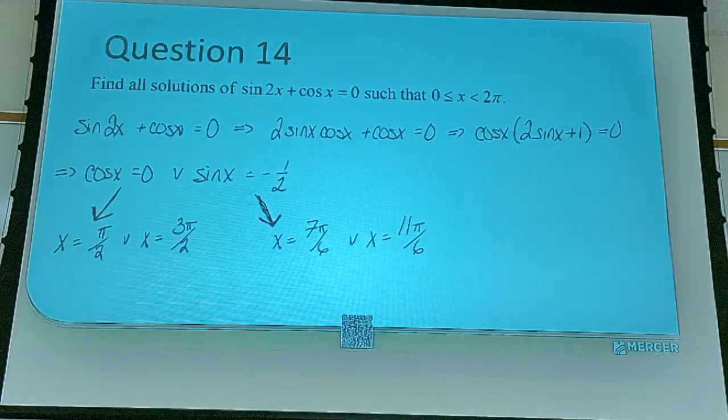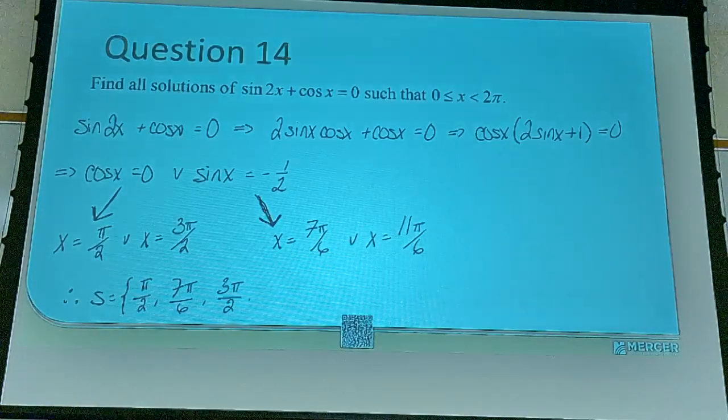Since all we did was use an established identity, all of those are solutions. And we didn't really do anything fancy other than use an identity. And identities are true for all values of x. Those are the 4 solutions.